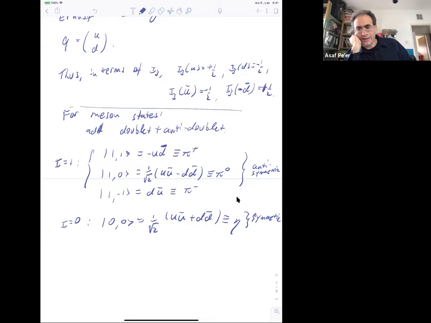You take the eigenstate and then you take the ladder operator and you raise it. I plays the role of the total angular momentum and I3 plays the role of the angular momentum in a given direction. So when you take the ladder operator and you operate on the pi minus, you get the pi 0.